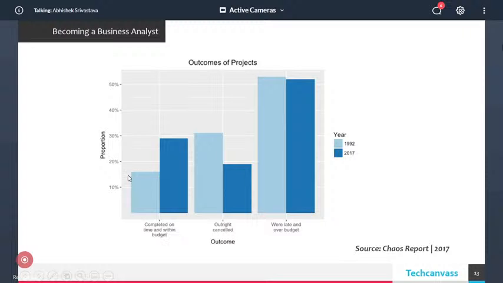In 2017, it became 29%. That means from 16% to 29%. That is, there is a growth. But if you look at the absolute number, it is still 29% of the projects were successful. Only 29%.